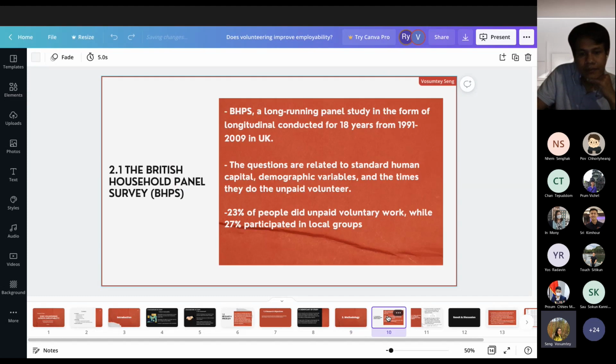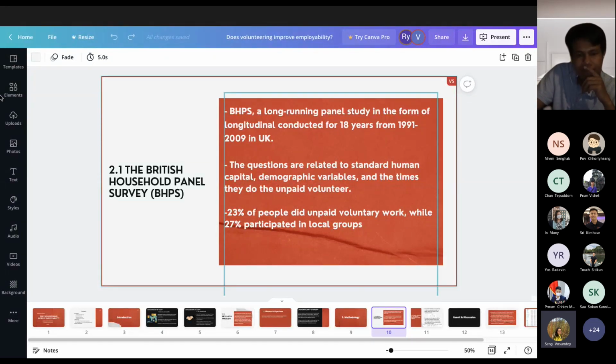So we now move on to the methodology part. The study uses the British Household Panel Survey, BHPS, which is a long-running panel study. It is longitudinal, conducted over an 18-year period from 1991 to 2009 in the UK.